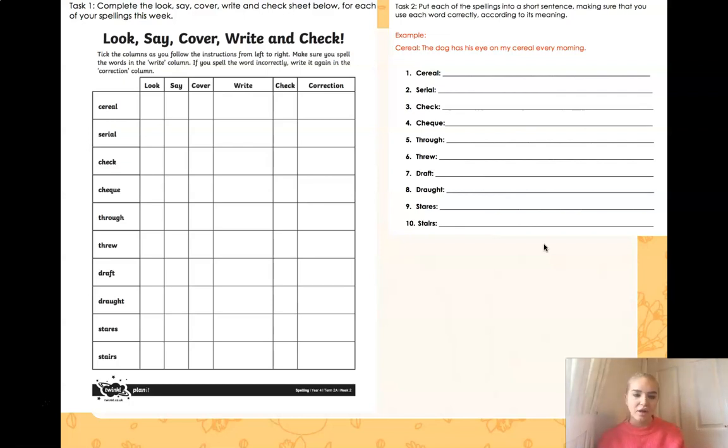I want you to try and think of other ways to open your sentence. So you can see that I've opened my sentence using the word the. The dog has his eye on my cereal every morning. So I've put the word cereal in a sentence, I've used it correctly, and I've also started my sentence with something other than I. Okay, and then also make sure that this time you're not starting everything with the. Okay, so make your sentences a wide variety of sentence starters.